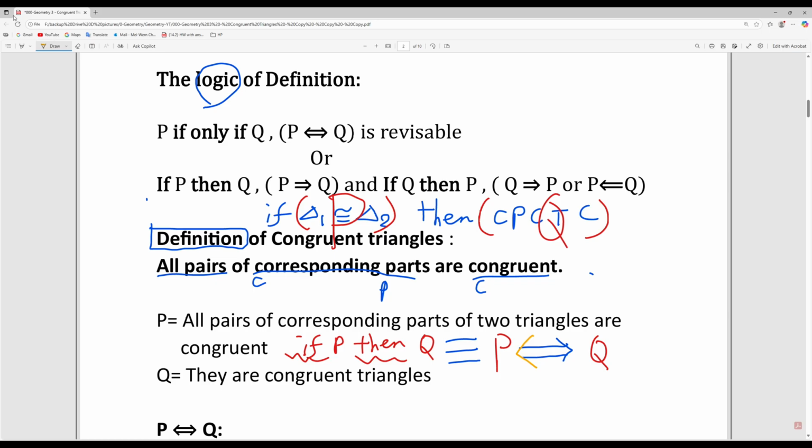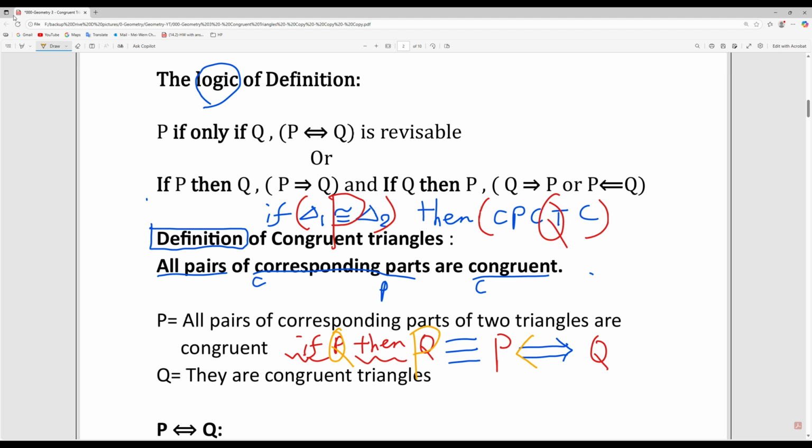If P then Q, and also if Q then P. So a definition is something like you and your name are totally equal. See, this name is you. See, you is this name. Okay, probably my example is not perfect, because probably more than one person has the same name as you. So forget about the example I just showed you.